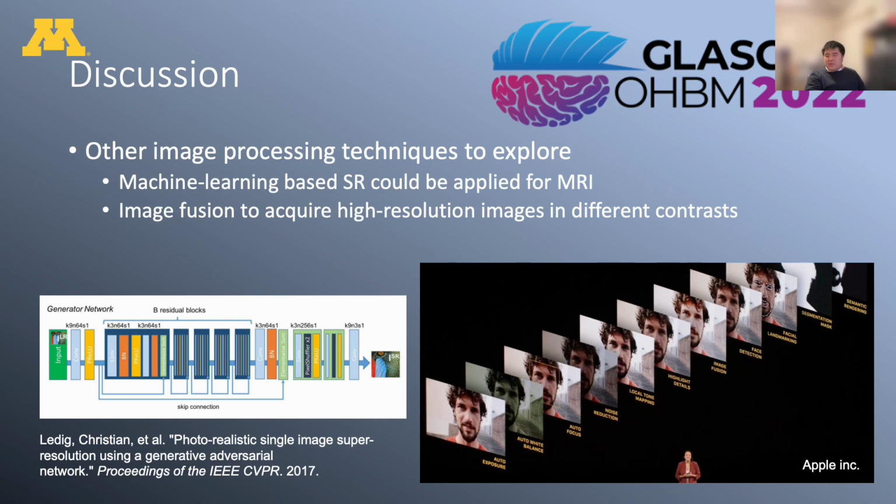Second, image fusion is another popular image processing method that is commonly used by phone cameras nowadays. And we could think about further image enhancements by acquiring images with not just subpixel shifts, but also with different contrasts.